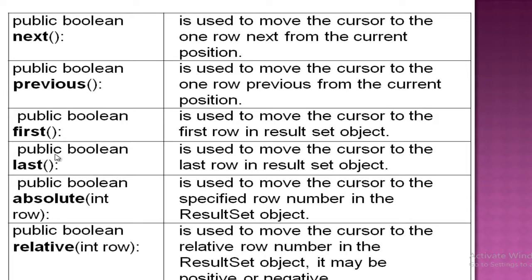Next, public boolean last moves the cursor to the last row in the ResultSet object. Next, public boolean absolute(int row) moves the cursor to the specified row number in the ResultSet object.